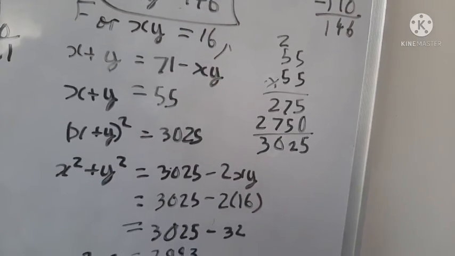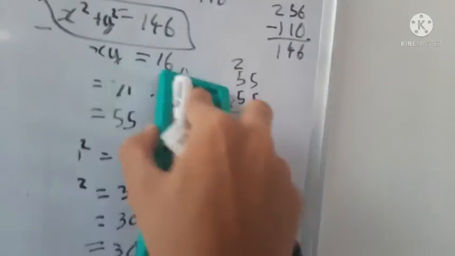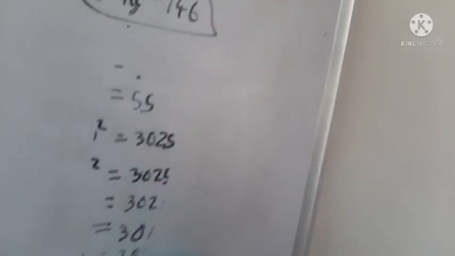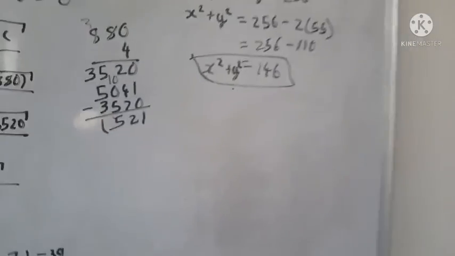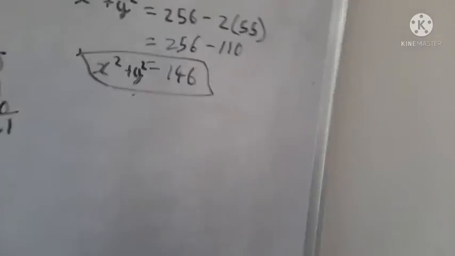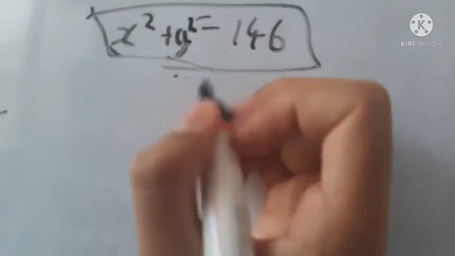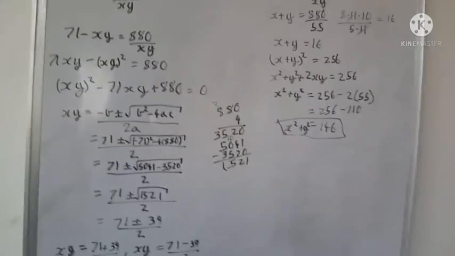Honestly, I don't like this solution. I like this 146 one. But you know what? We can do it that way too. So that's the solution, and we'll see if this is correct in some time. And that's pretty nice.